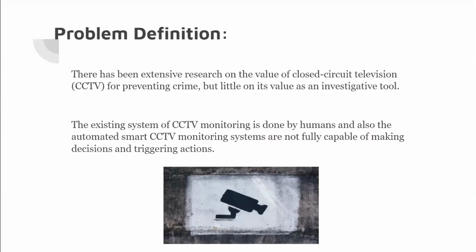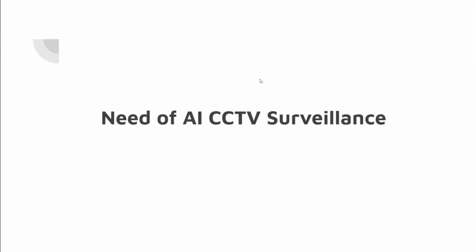While the installation of cameras has proved useful in solving crimes, they haven't necessarily been able to deter them. Also, the existing monitoring is done by humans, so they are not fully capable of making decisions and triggering actions.